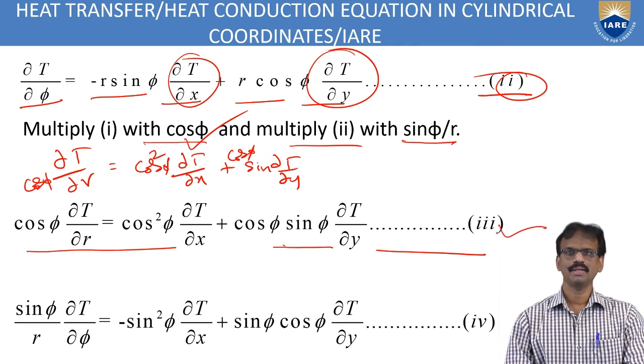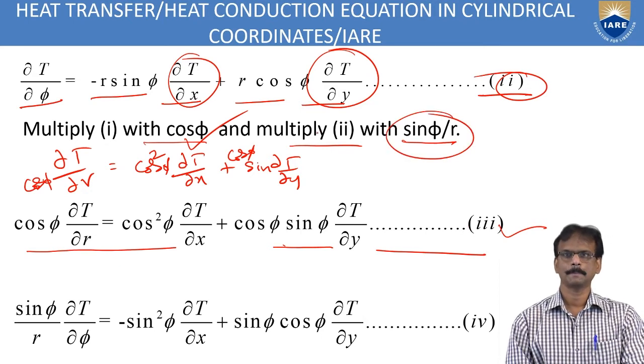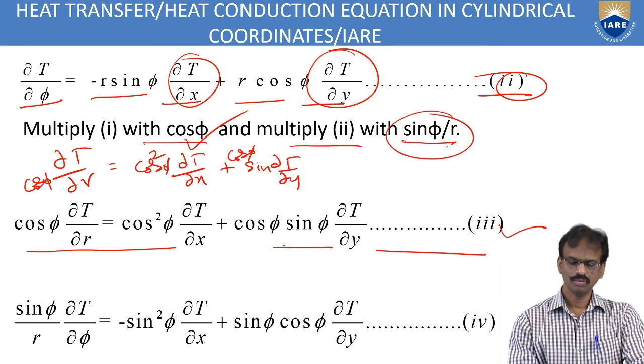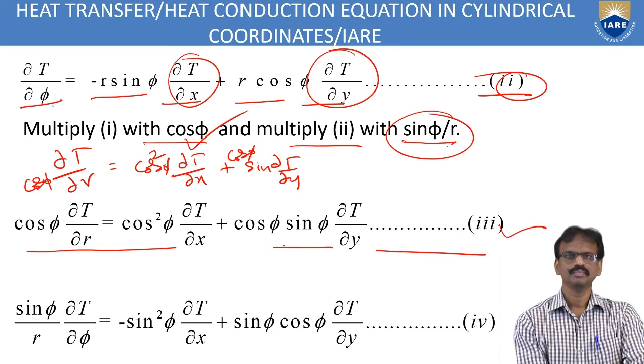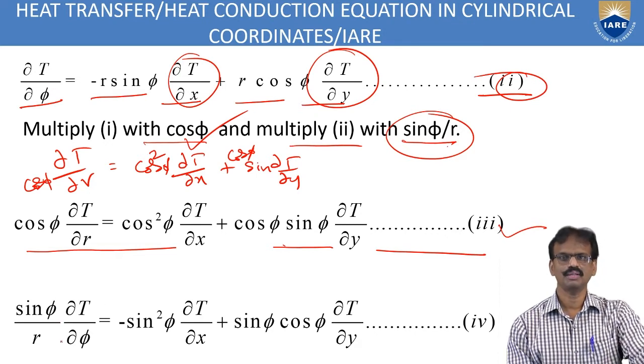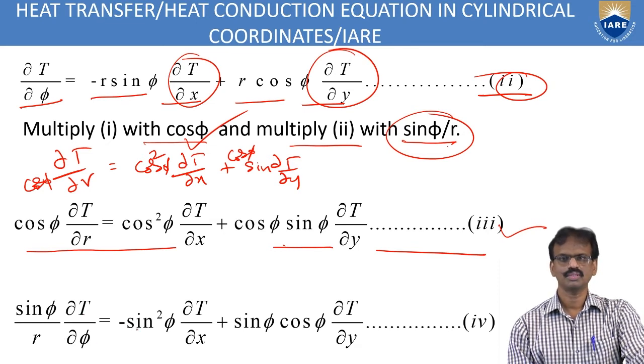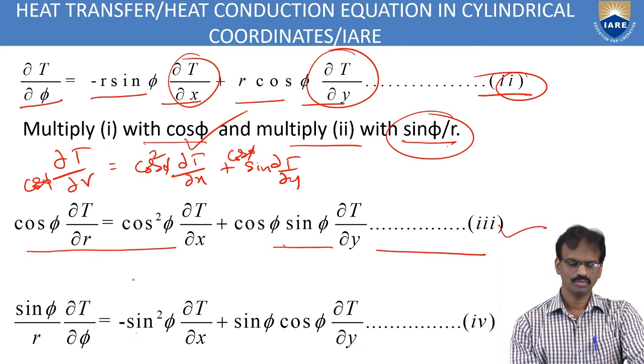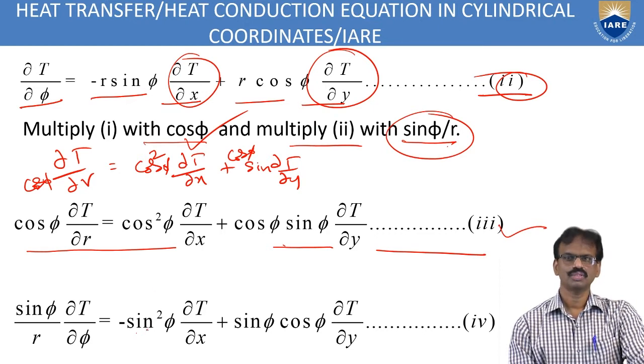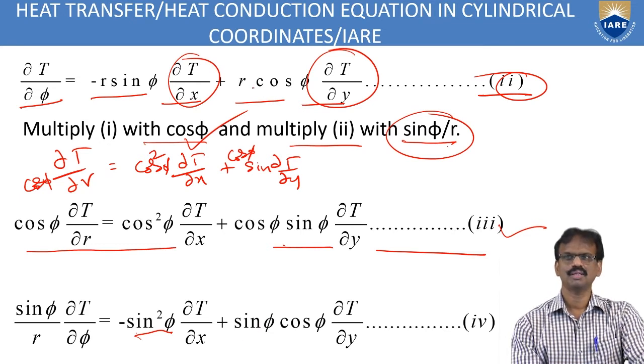Similarly, multiply equation 2 with sin phi by r. Here sin phi by r into ∂T/∂phi is equal to minus sin phi already here, into sin phi by r, the r cancels, so minus sin square phi ∂T/∂x. Similarly, the next r cancels, because if you multiply this one by sin phi by r, so sin phi into cos phi, here we can take sin phi cos phi.